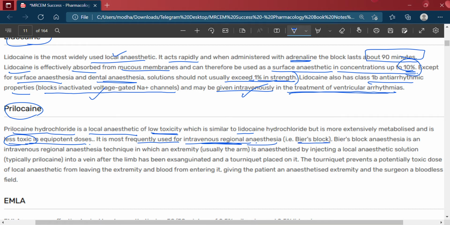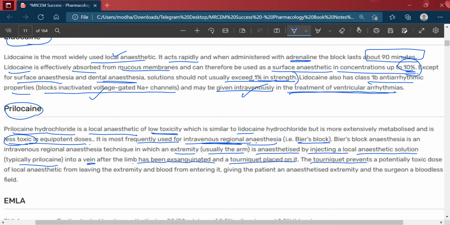Bier's block is an intravenous regional anesthesia technique in which an extremity, usually the arm, is anesthetized by injection of a local anesthetic solution, typically prilocaine, into a vein after the limb has been exsanguinated and a tourniquet placed on it.